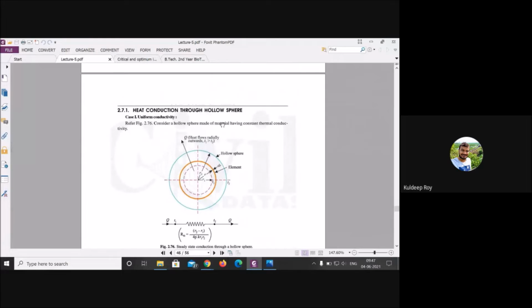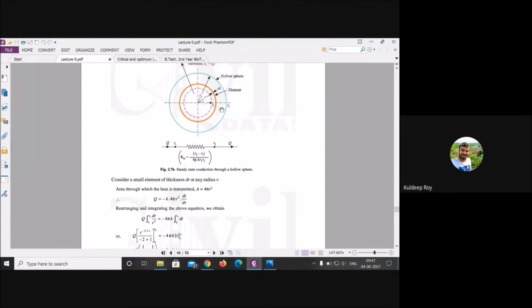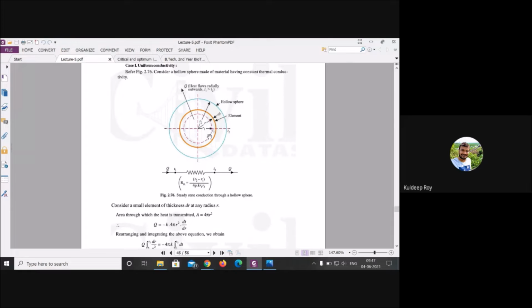This one was for the cylinder, and this is for a sphere. Same thing: any kind of ball, iron ball, copper ball, heat will flow from inside to outside. T1 is higher than T2, but here again only the radial flow will be there.